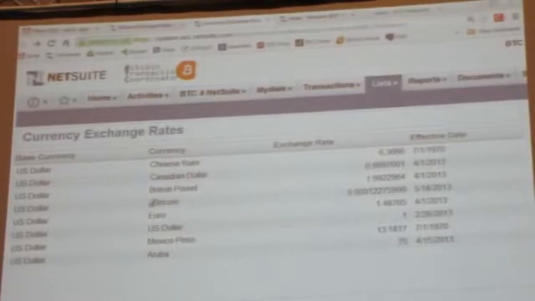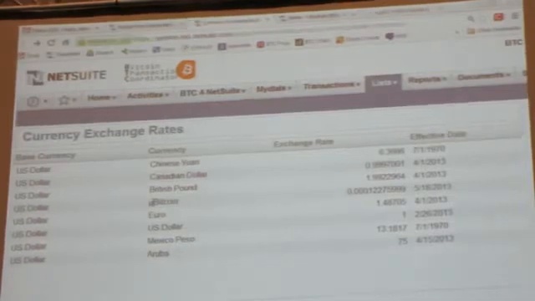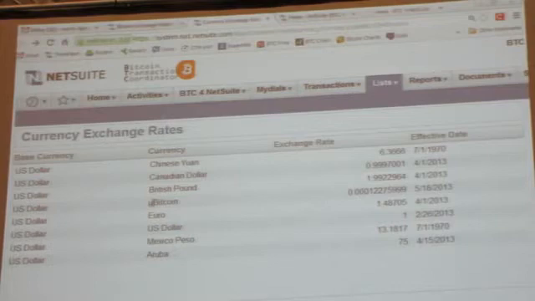So what we need to do is substitute a currency for Bitcoin. In this case, I took the Thai baht as one of the currencies to substitute. I like the Thai baht because its symbol uses B, right? And I'm not going to be trading Thai baht normally in this organization, so I can work with that.